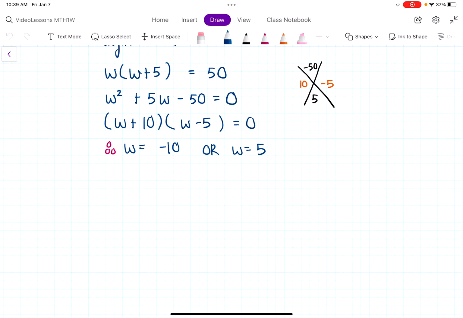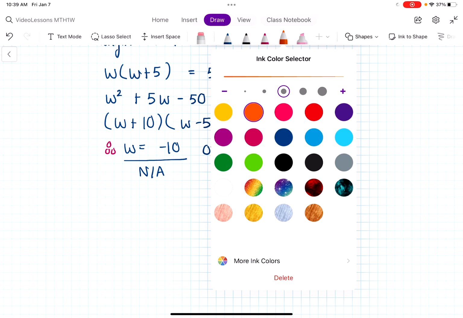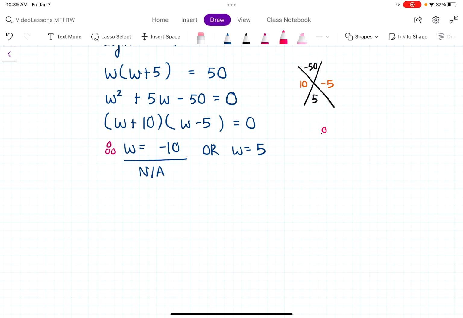So this value, we write it out because it is a valid solution to our equation, but it is not an applicable solution. So we write NA, and then we have our therefore statement. The width is 5 centimeters. Don't forget your units. And the length is 10 centimeters.